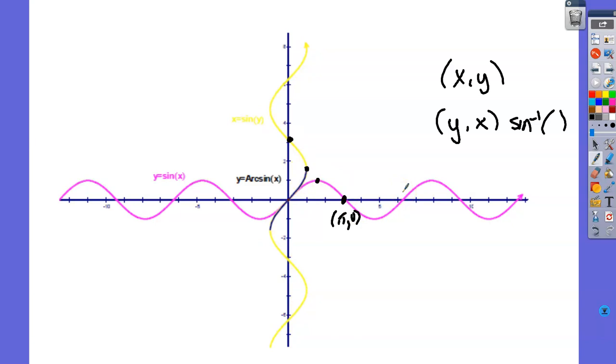But here's the issue that we have with the inverse trig function. It's not a function. Why? Well, you guys know if you want to test to see if something is a function, you run the vertical line test. And the original sine function is absolutely a function. There's no repeated x values, so you're good.